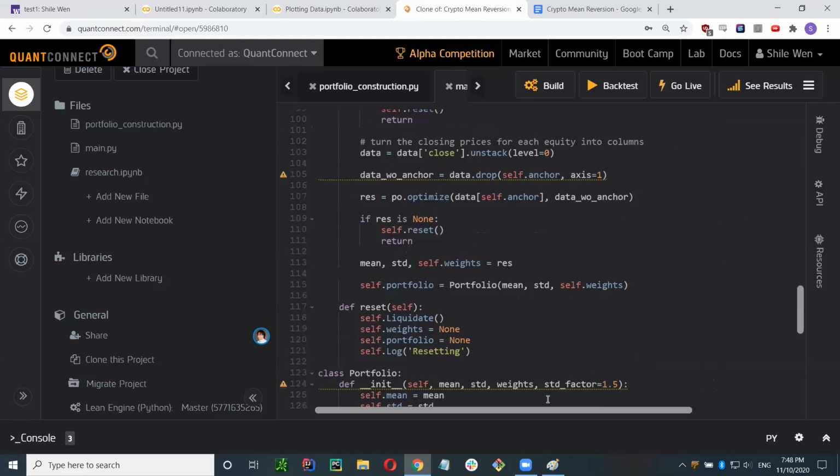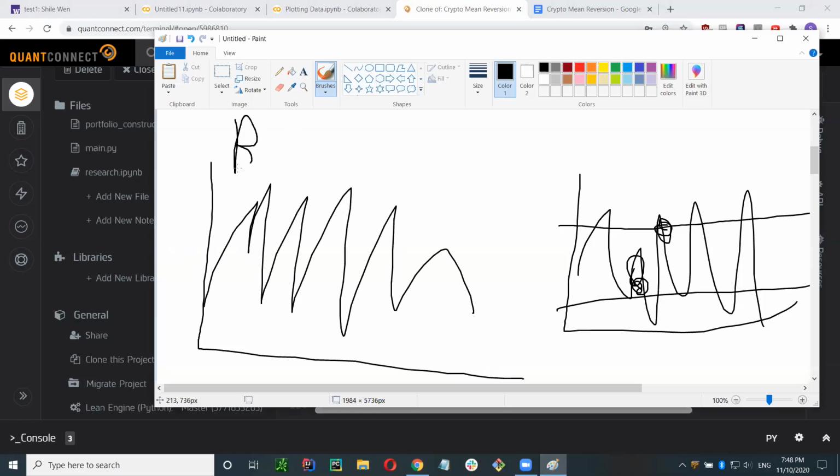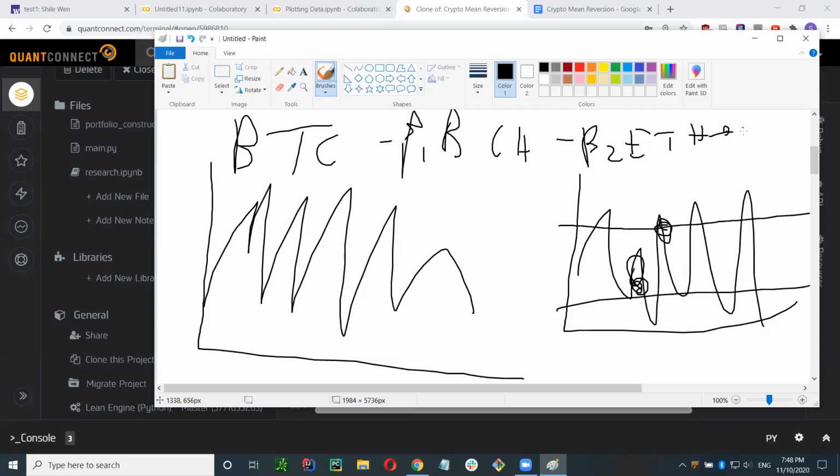So how do I determine the buy/sell signal? Say this is the portfolio of BTC minus beta 1 BCH minus beta 2 ETH, and so on. What I do is take the mean, then the standard deviation, which is a measure of variance.